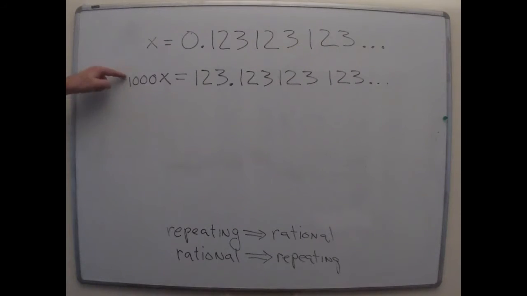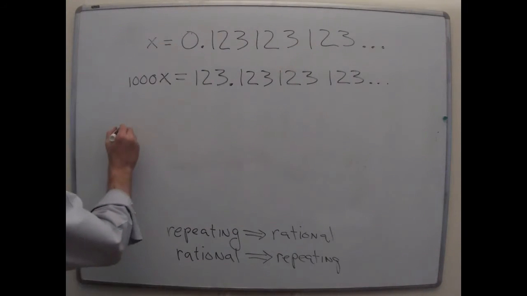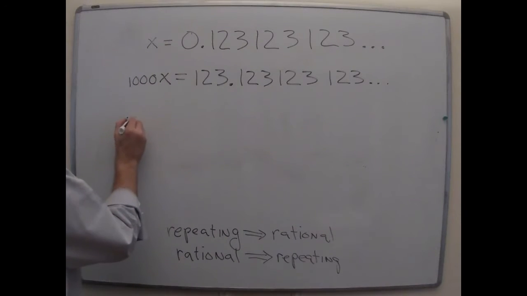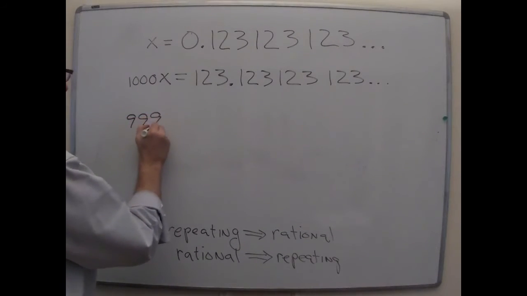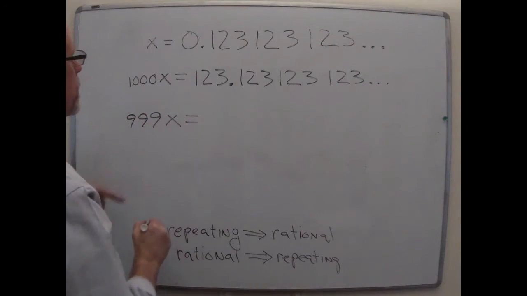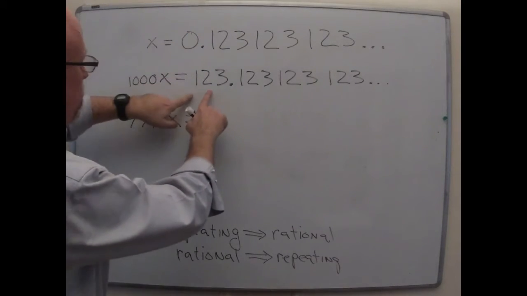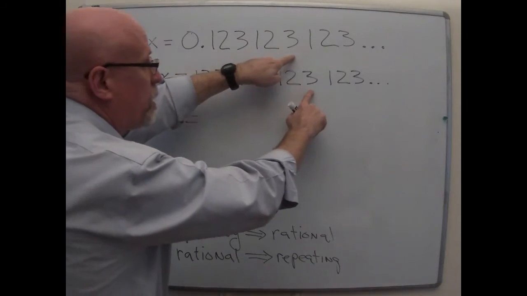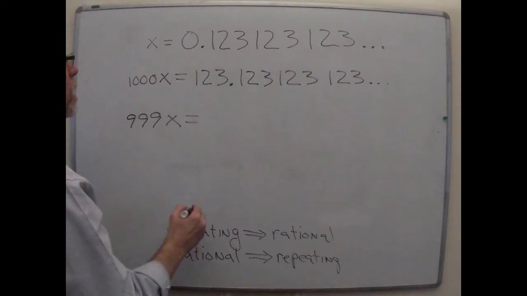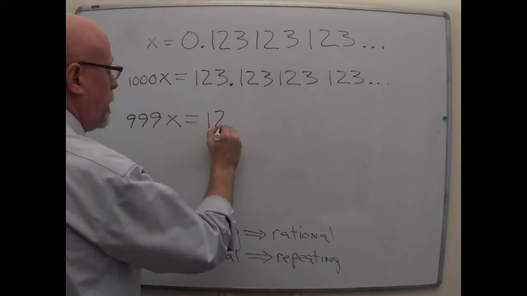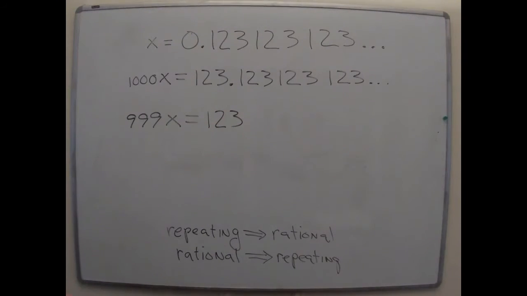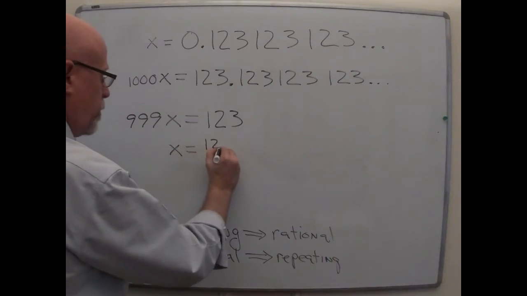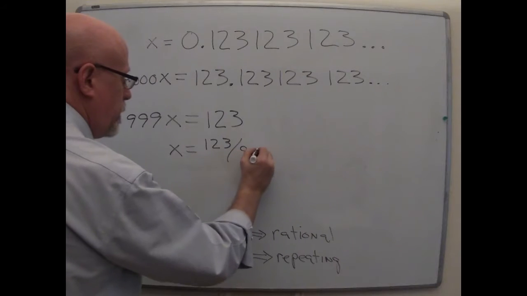So look what happens if you subtract these. 1000x minus x is 999 x's. Taking this number and subtracting that one, all the junk after the decimal point is identical, so that's just going to be 123. And so I have just deduced that x is this fraction, 123 over 999.